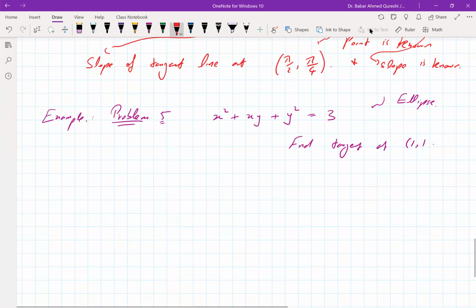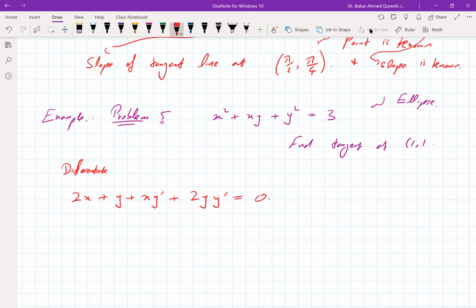So just differentiate, you get 2x plus y plus xy dash plus 2y y dash is 0. And now you just have to put in 1 for y and 1 for x.